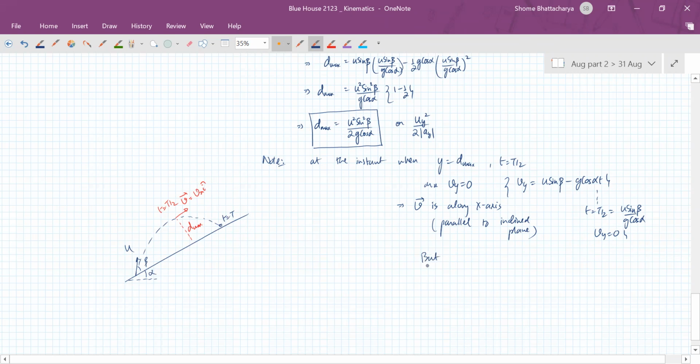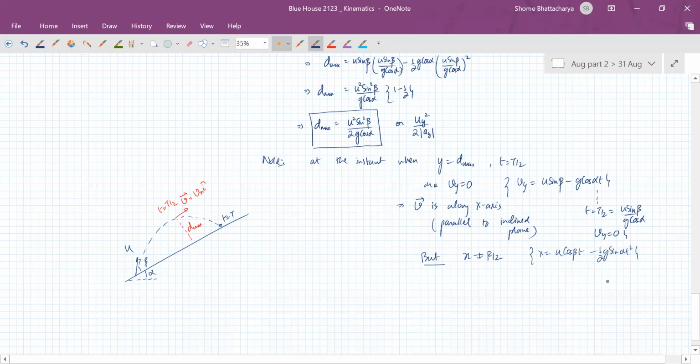But also keep in mind that the x coordinate is not equal to R by 2, which you can also justify from this equation, that x was u cos beta t minus half g sine alpha t square.